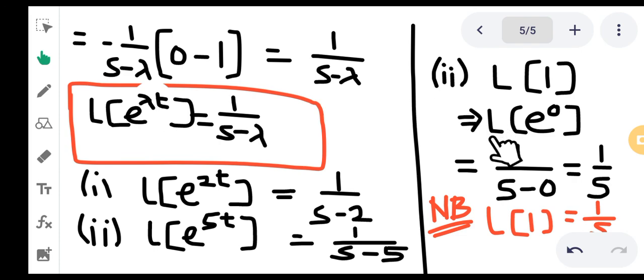The Laplace transformation of 1 can be written as e exponent 0, and e exponent 0 is 1. You can just verify. Here the lambda now becomes 0. So you make a substitution: you get 1 over s minus the lambda, which is 0, so you get 1 over s. So anytime you have a Laplace transformation of 1, you are going to get 1 over s.